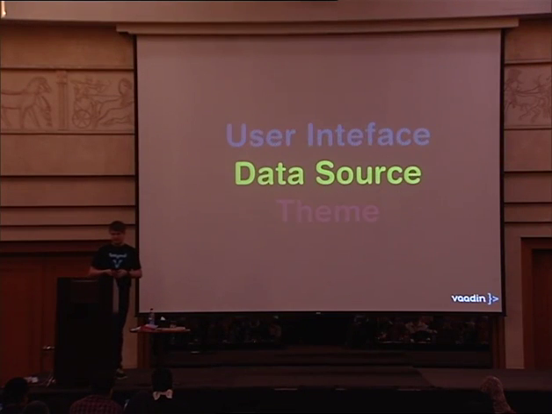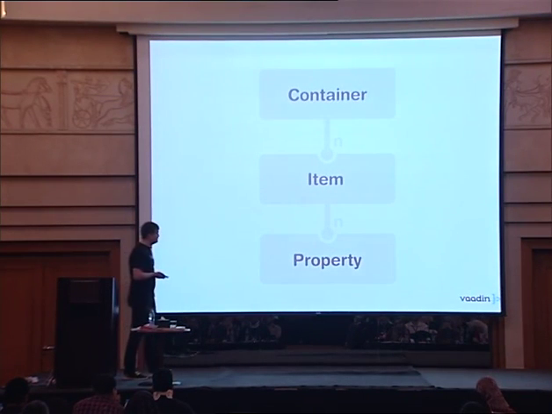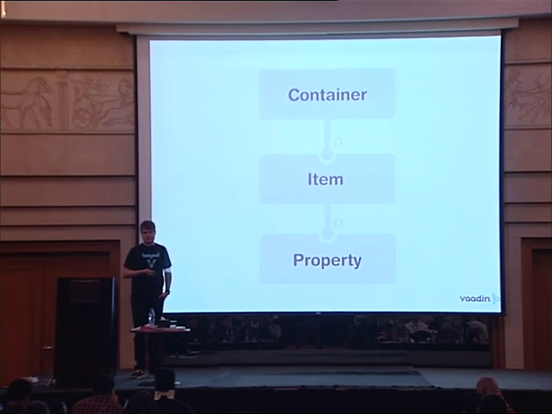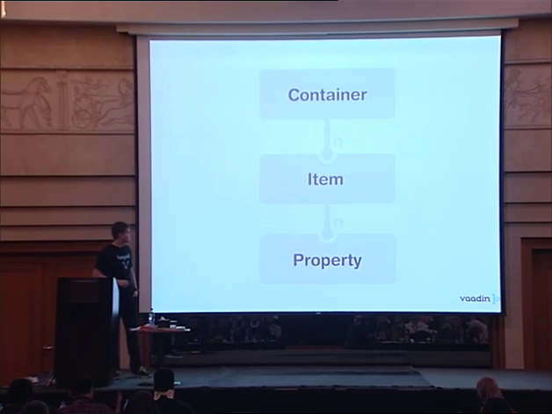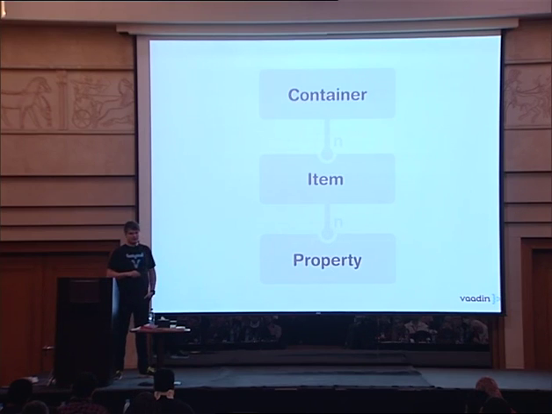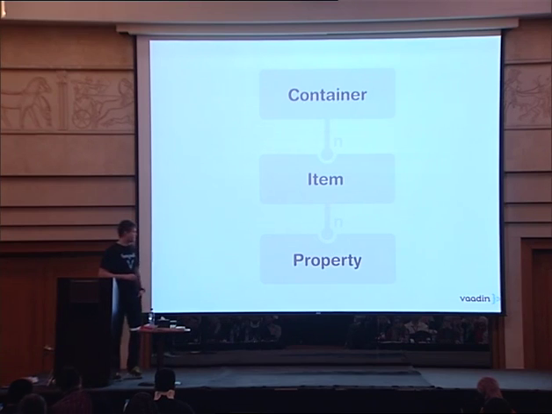Okay, and the third thing is data source components. So the Vaadin data source is such. This is the whole model. Basically, you have three things: property, item, and container. We were using all of these in our demo application. Property is basically one object that you can set and get. Item is a set of those. So if I am an item, then I have properties like name and age and so forth.